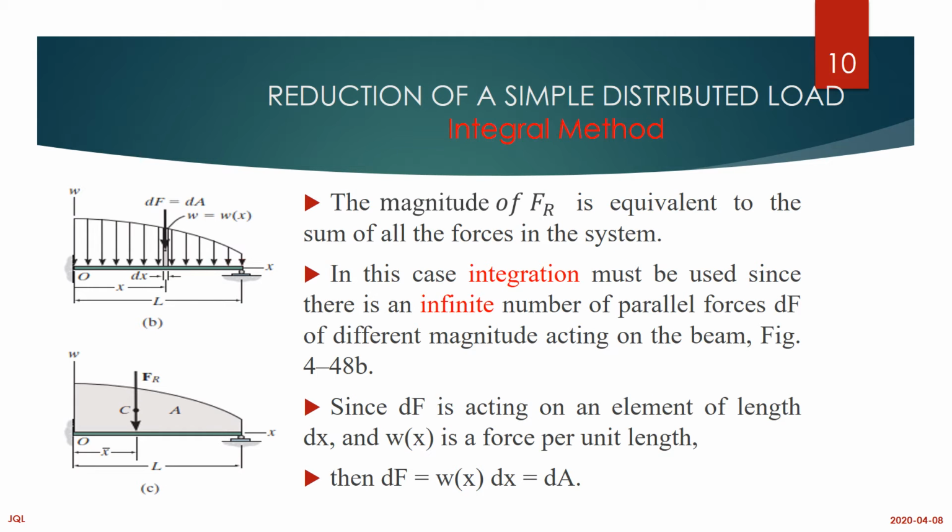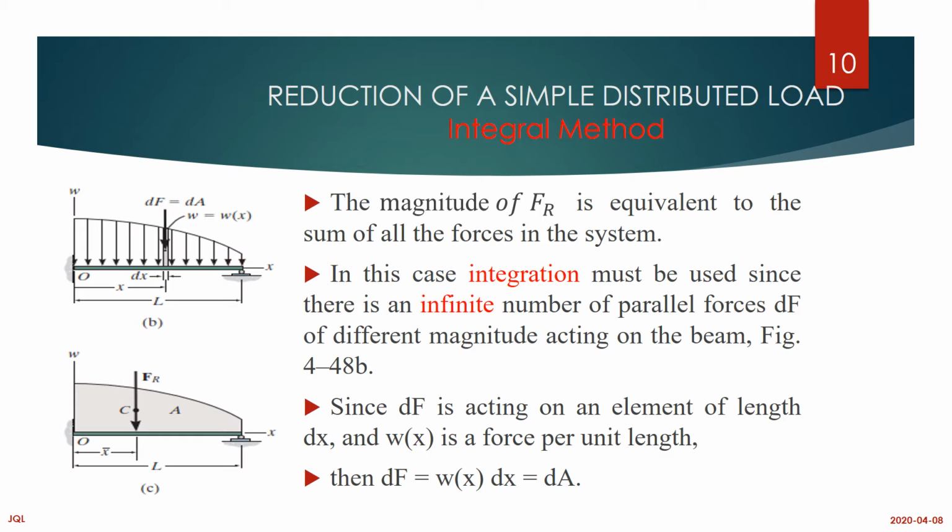Then we go to the integration method. The magnitude of FR, which is the resultant force, is equivalent to the sum of all the forces in the system. This one all of us will know. The resultant is always the addition of all forces in that specific direction.